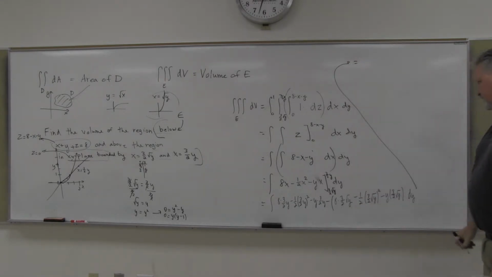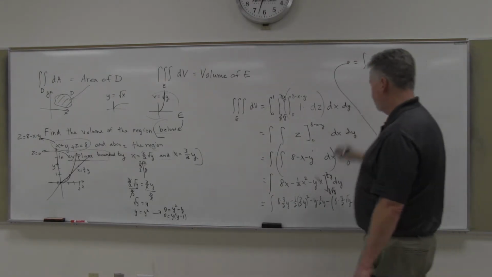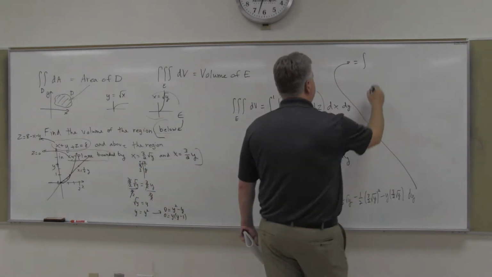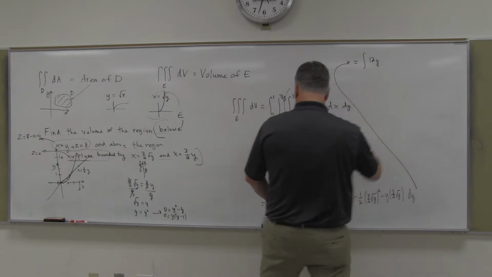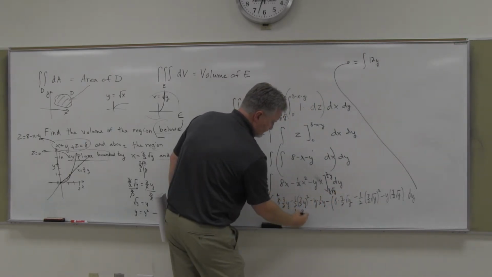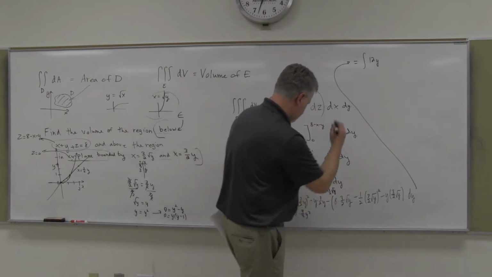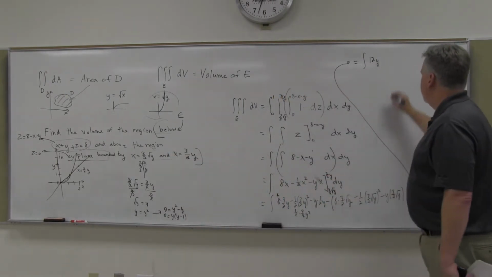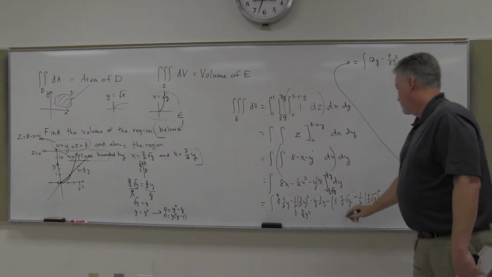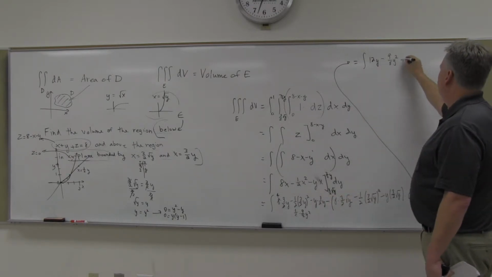So that's the hardest part, I believe, of this. That'll be 4 times 3y, so that'll be 12y. That would be 1/2 times 9/4 y squared, that's 9/8 y squared. And minus 3/2 y squared.